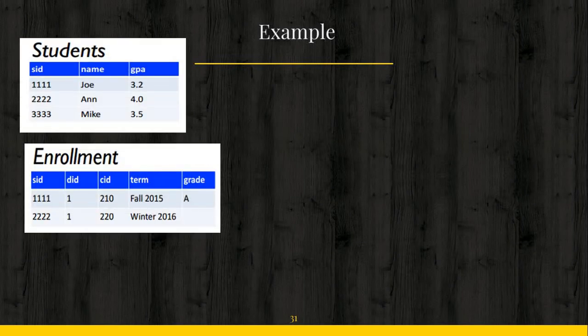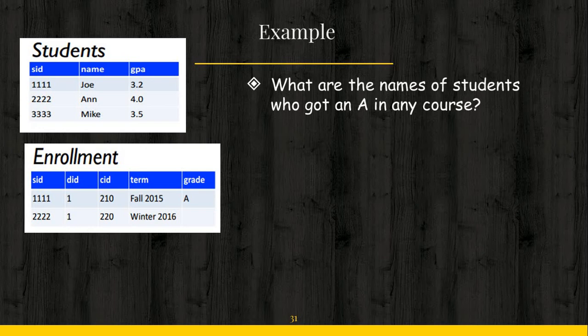Here are the students table and the enrollment table. And this is the question: what are the names of students who got an A in any course? That means we have to find the student's name, and also check the grade column whether it is A or not.